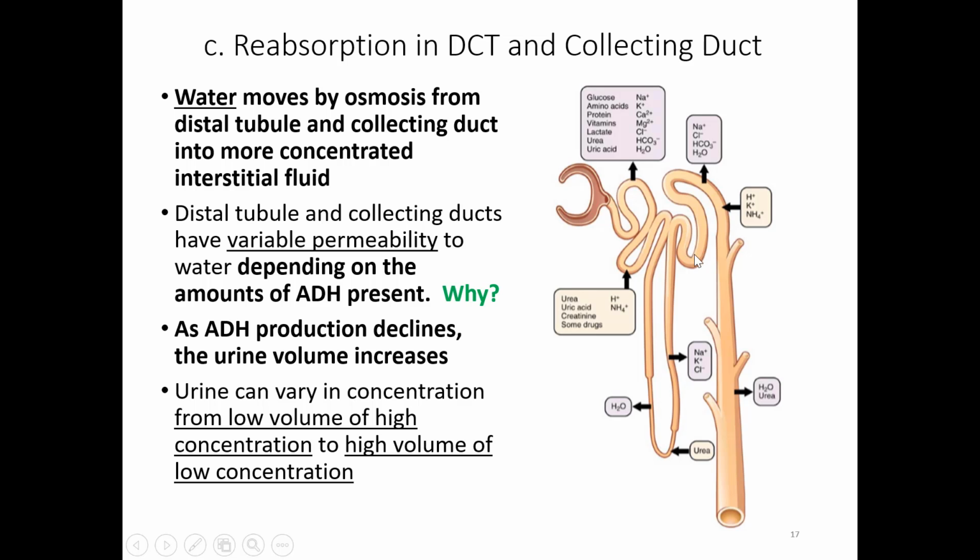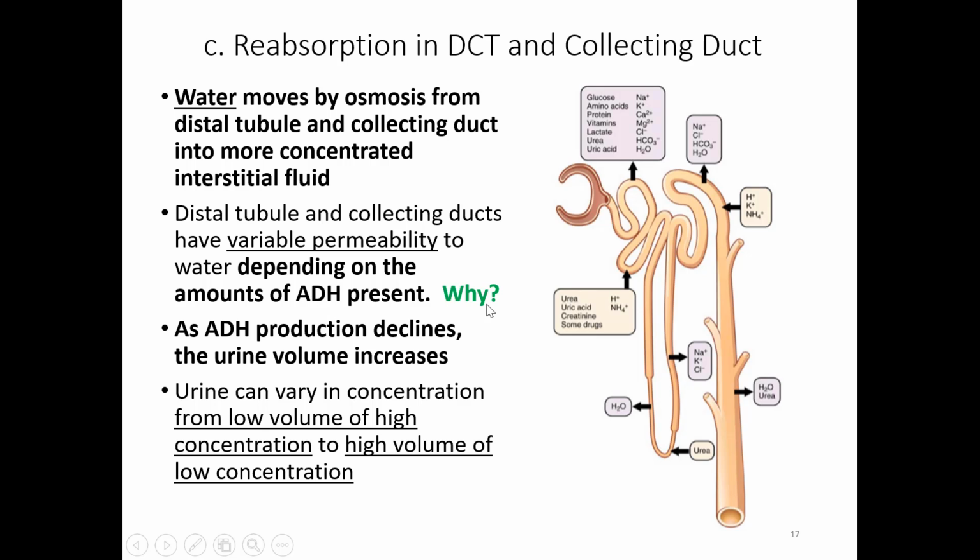Reabsorption in the distal convoluted tubule and the collecting duct. Mostly it's water, not only, but water. Water will be moving by osmosis, and permeability to water in these places is variable because it depends on the presence or absence of antidiuretic hormone.